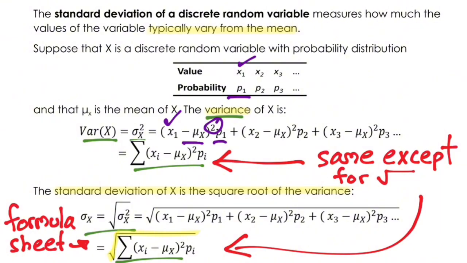It looks involved, but it's very repetitive. You can see with the second piece of this, it's just asking you to do the same thing. Take the second value, x sub 2, subtract the mean from it, raise that to the second power. And when you have that answer, you multiply it by the probability that goes with the second x value.